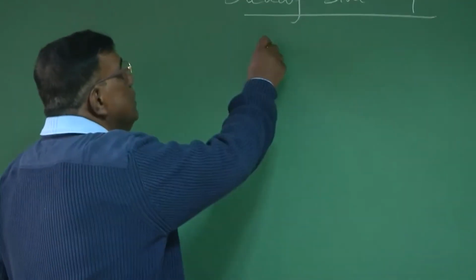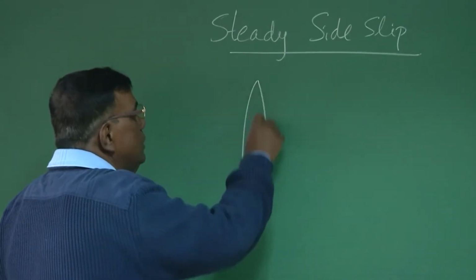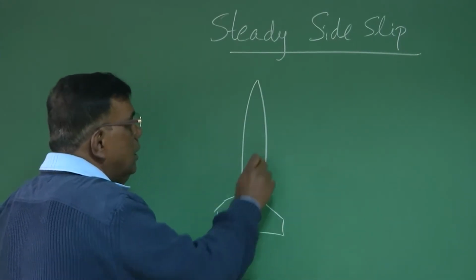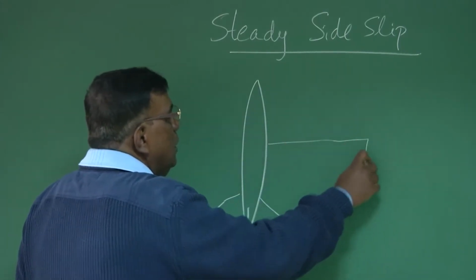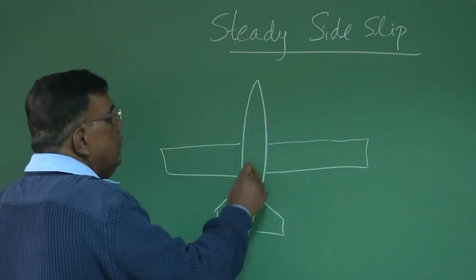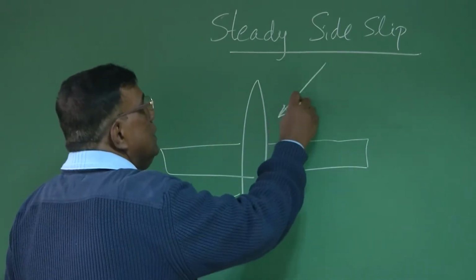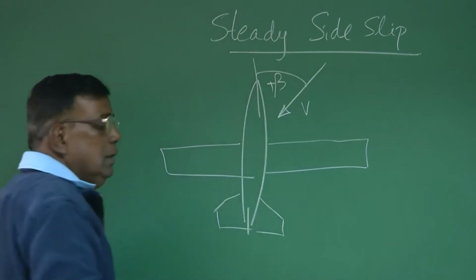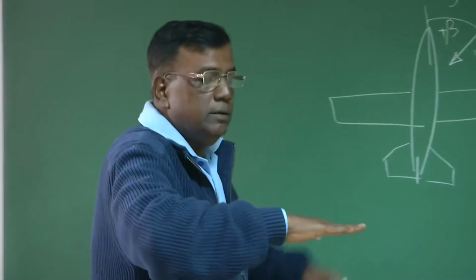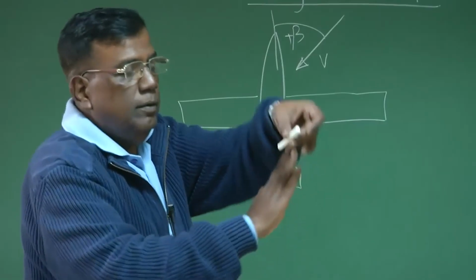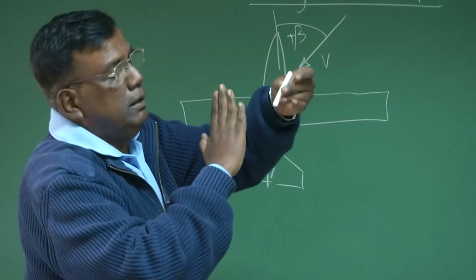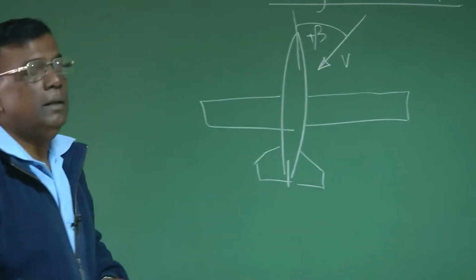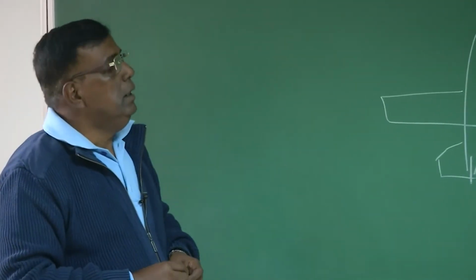If I draw a diagram, I am flying such that the relative airspeed is coming from the right. If I see it like this, relative air should come from the right. So this is the positive side slip angle.